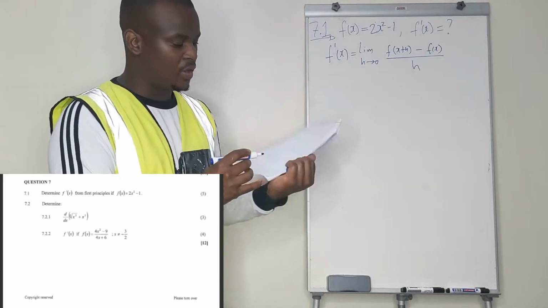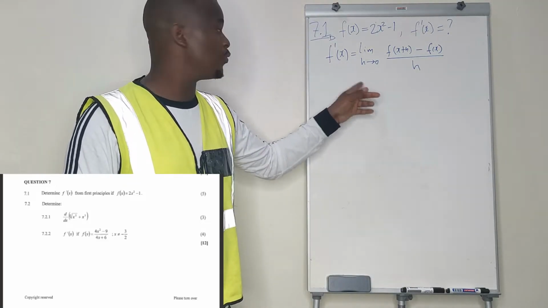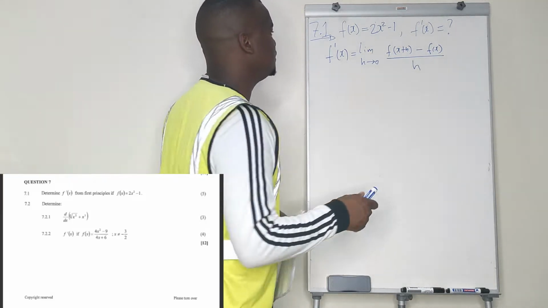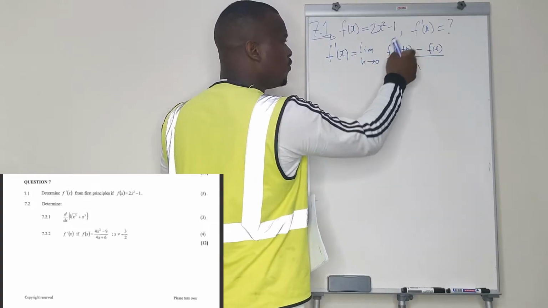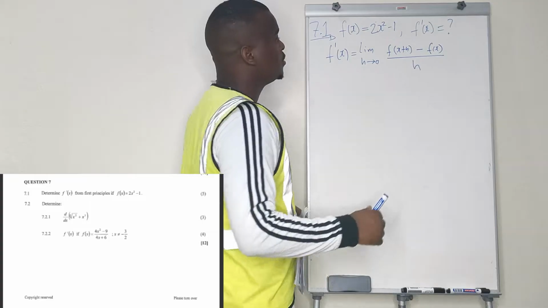So this is our definition. This is the definition that they are asking us to use to find the derivative of f, right? So as you can see, this is straightforward. You are taking the limit of this as h gets close to 0.